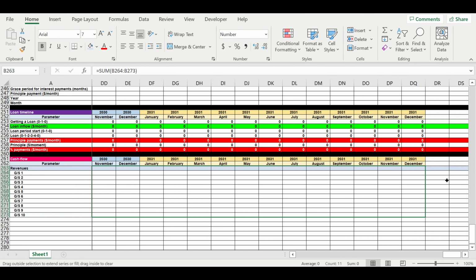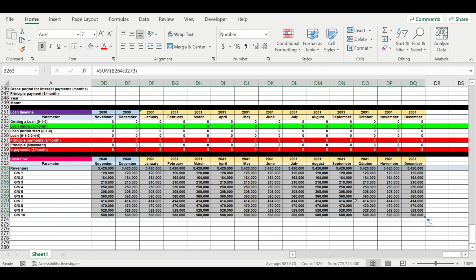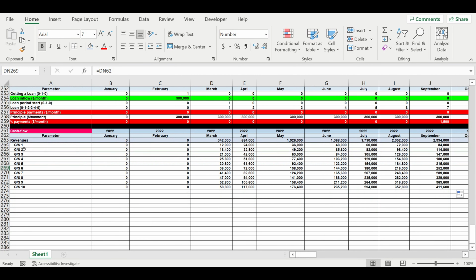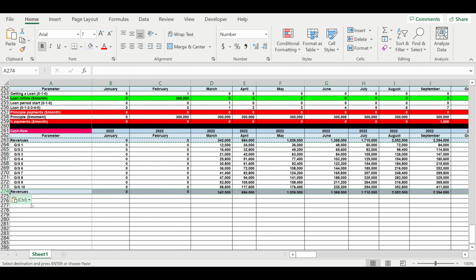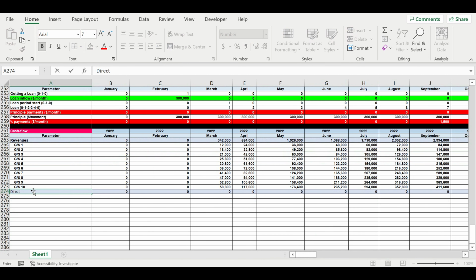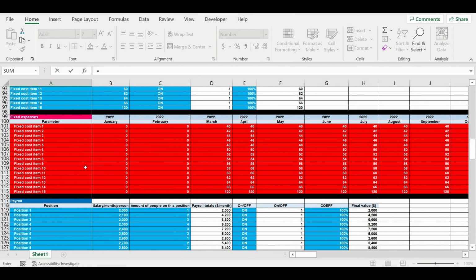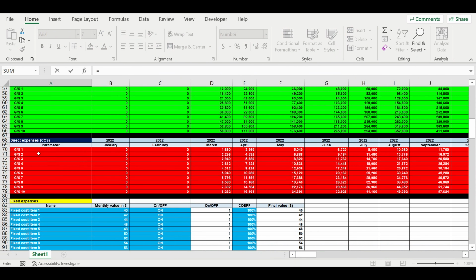Now we are moving to direct expenses. So we are going up, searching for direct expenses, red lines. Here they are.